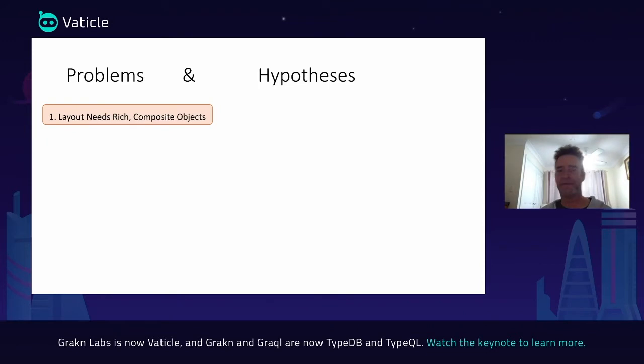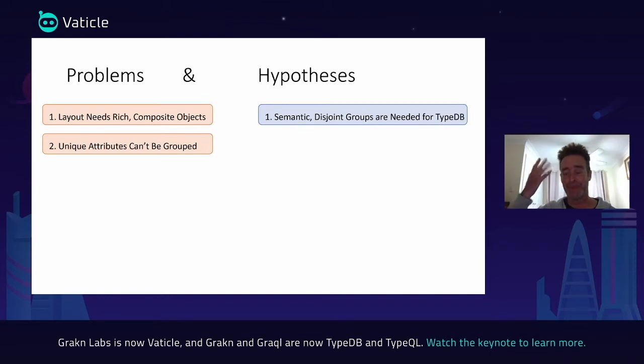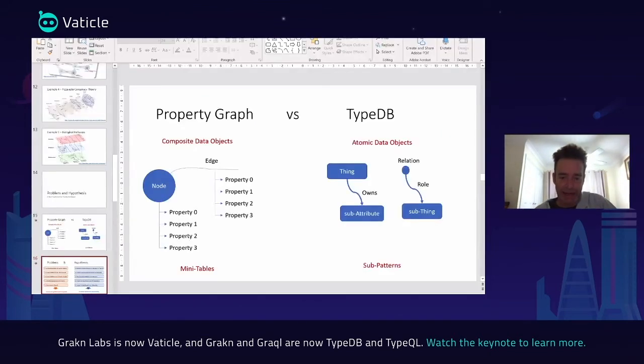So the first thing I thought was, well, okay, somehow if I want to do layout, I've got to form rich composite objects. And to do that, I'd need to form some kind of semantic disjoint groups. But hey, presto, the attributes in Kraken are unique.